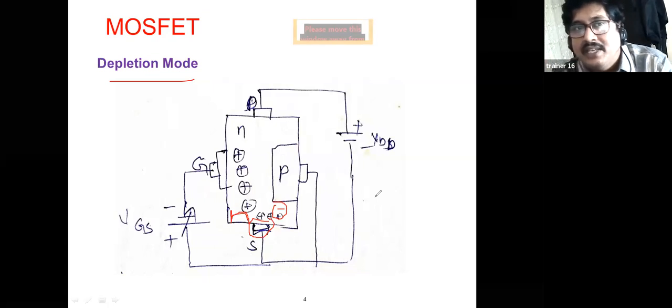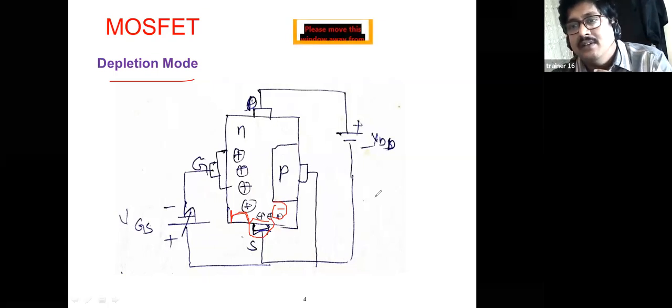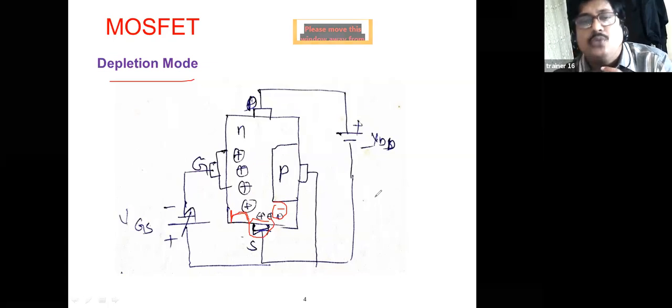This depletion mode we can use to decrease the current, we can regulate the current. Whereas what you asked, giving positive to G and negative to S, that is enhancement mode, where you can increase the current. Next, we'll discuss the next one. A good question.